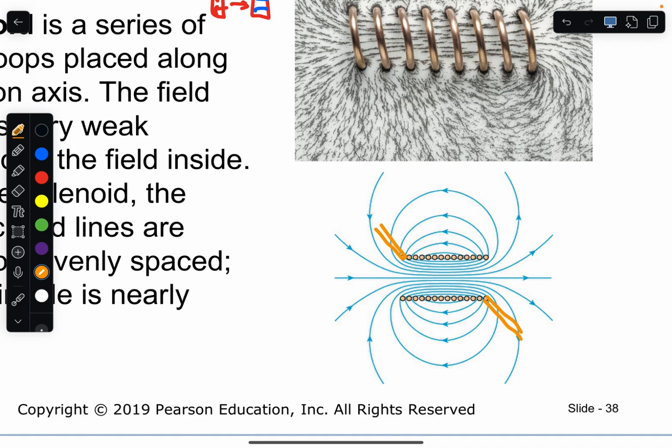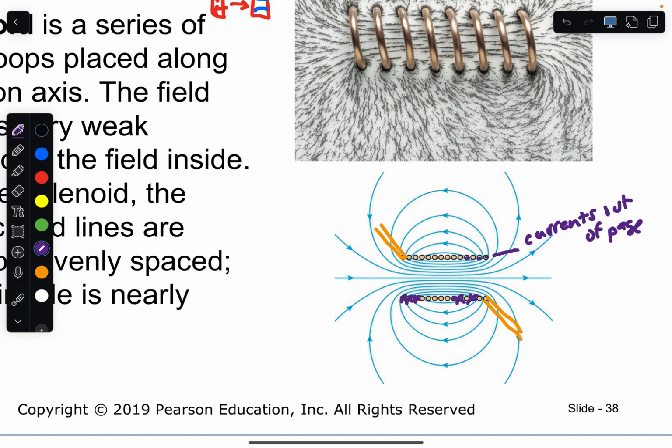So if we have magnetic field lines, that's our finger direction, going like this on the top, then the current must be coming out of the page at the top. So all those little currents, those slices, are going to be currents out of the page. And all these at the bottom, they'll be going into the page.